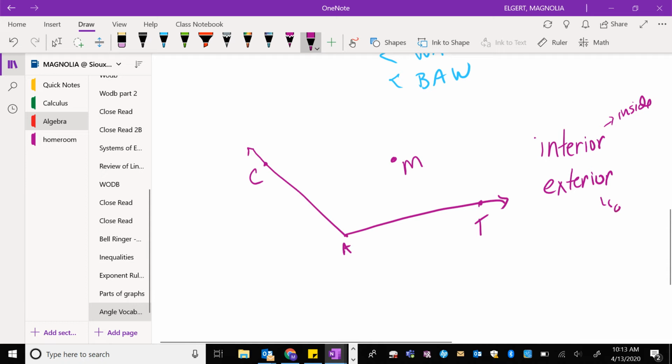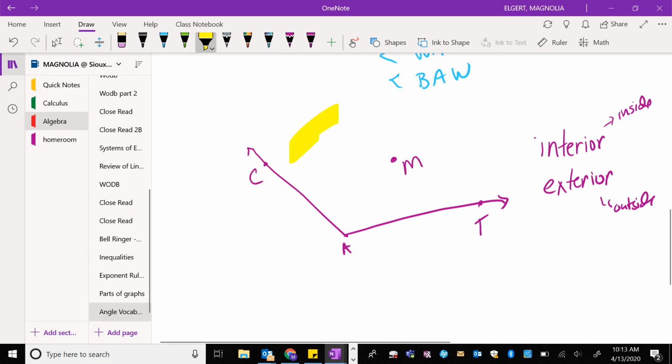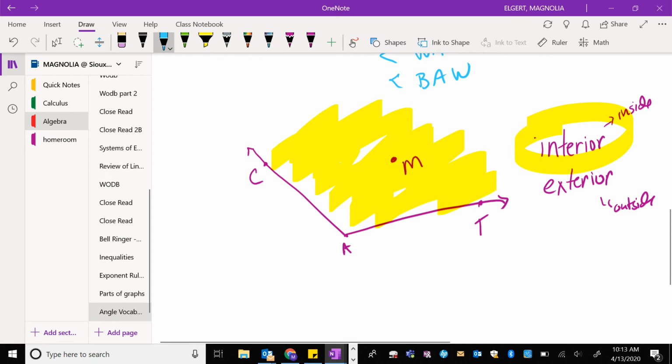Exterior means outside. So is M on the inside of the angle or the outside of the angle? Well, if you think about coloring this, like shading it, like highlighting inside, M is definitely on the inside. So that's interior. If I have another point, let's put a point W. W would be the exterior. It's outside of the angle.